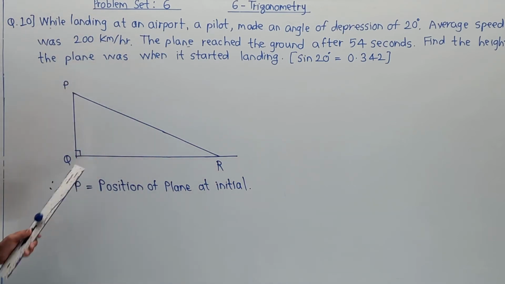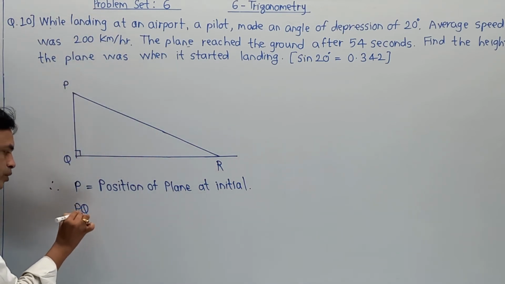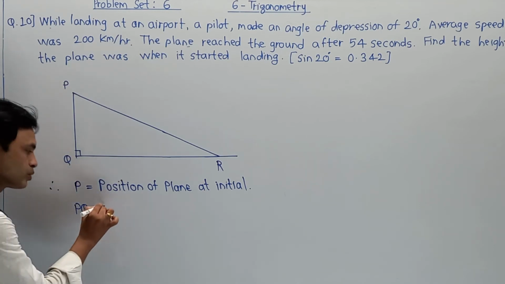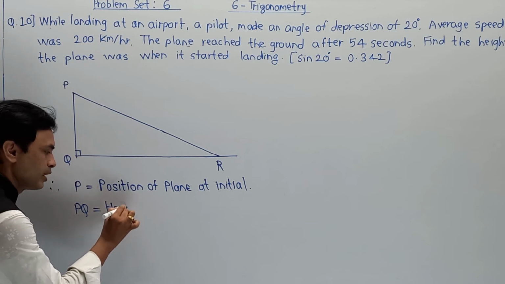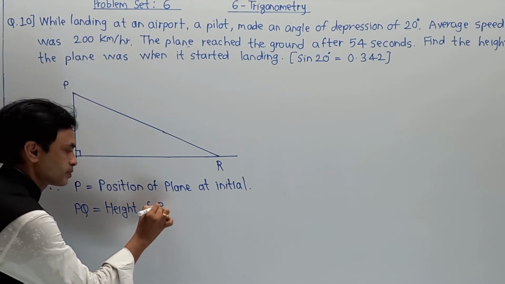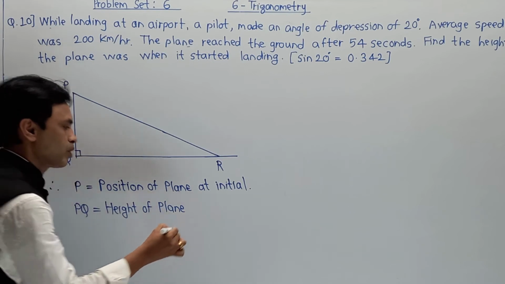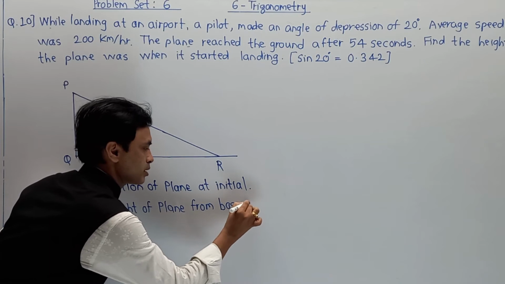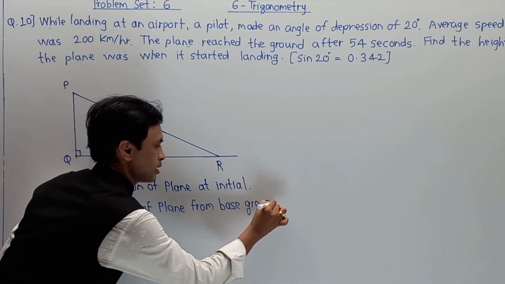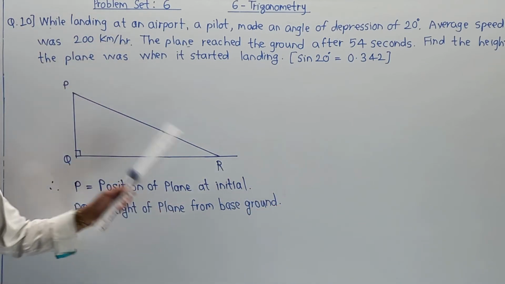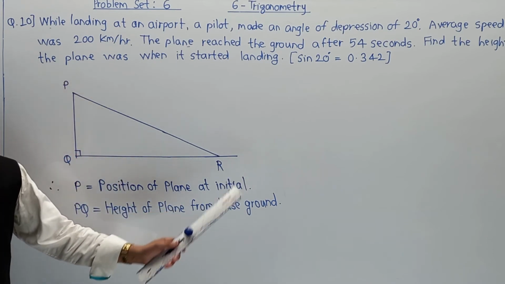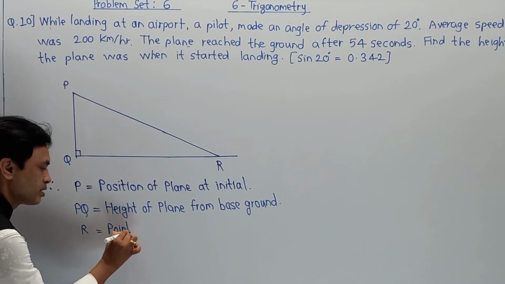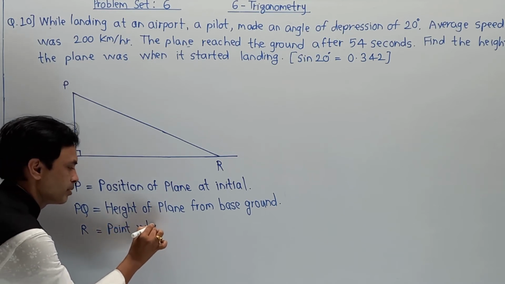Next, PQ is the height of the plane from the base ground. Next, R is the point where the plane comes in contact with the ground.